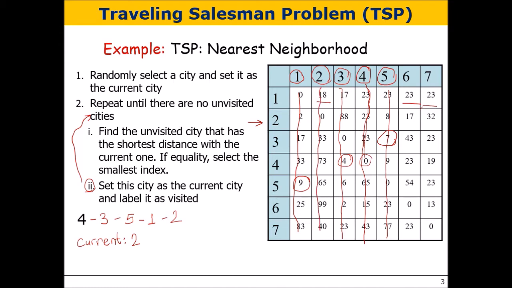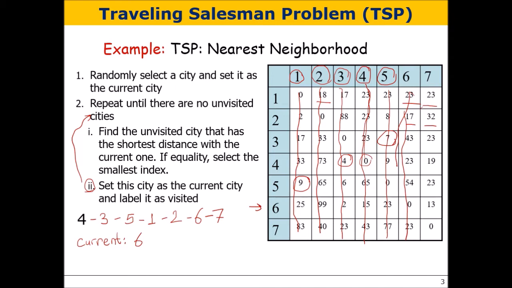From 2, I will look at the unvisited ones, and I see that 6 is the closest, so 6 becomes the current one. Since there is only one city remaining, I will move to 7.